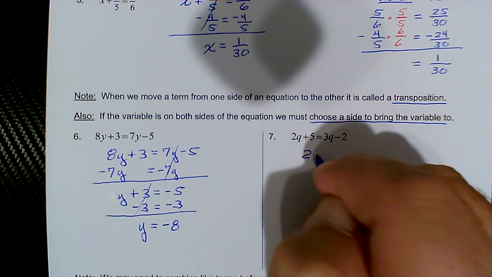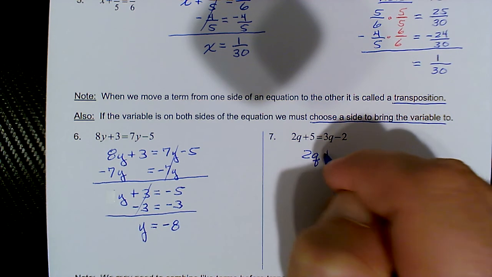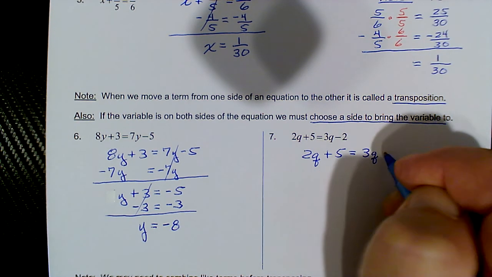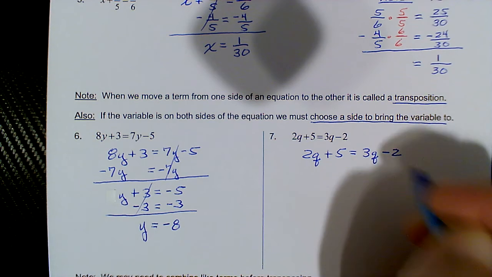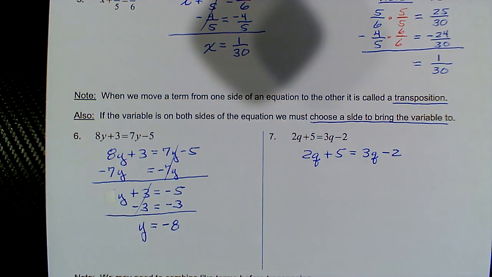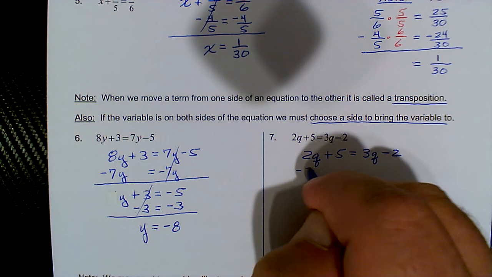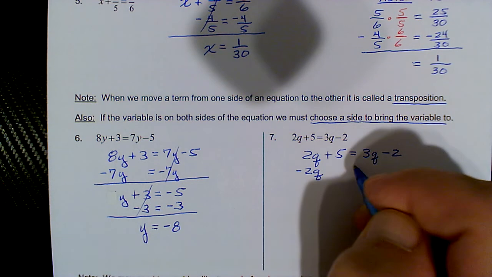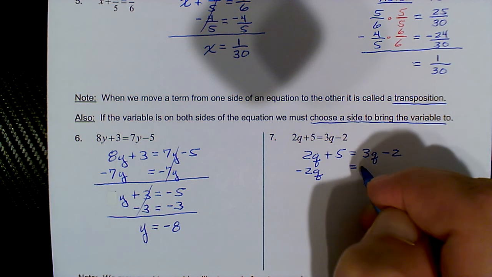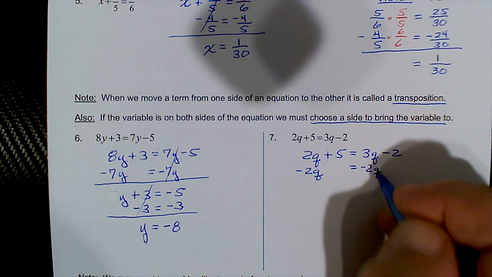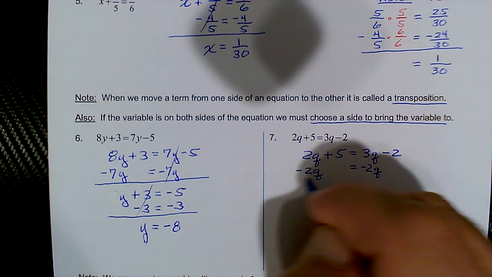And again I'm going to recopy the equation: 2q plus 5 equals 3q minus 2. And if I'm going to move the 2q to the right, I'm going to subtract 2q from both sides. So I'll line up the equals, and I'll subtract the 2q. I'm going to put it right under the 3q, because those are like terms.